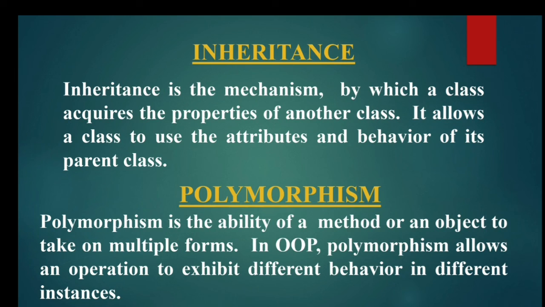It comes from the Greek word poly, meaning many, and morphism, meaning form. That's why many forms. We can write many objects or many methods using the same name. We are using the same name, but the difference is its return value or the parameter list only. But the name of the method is same.